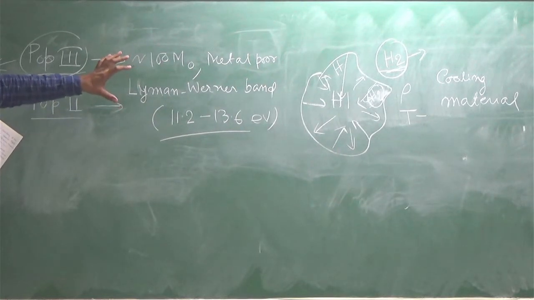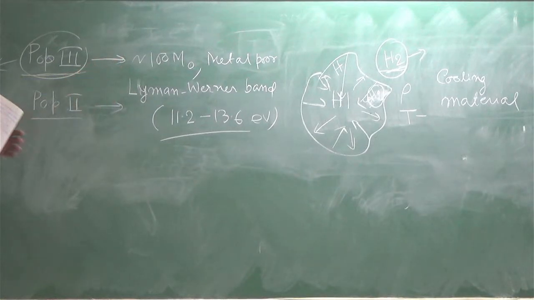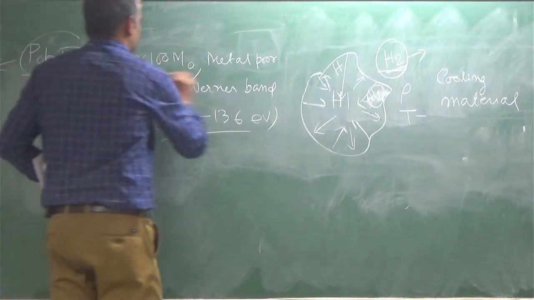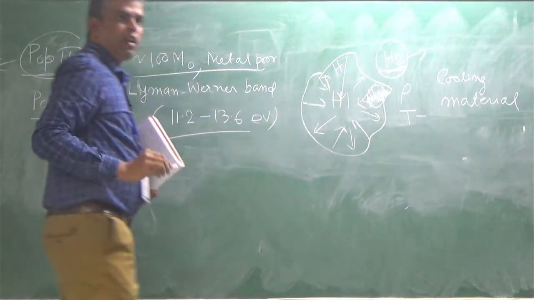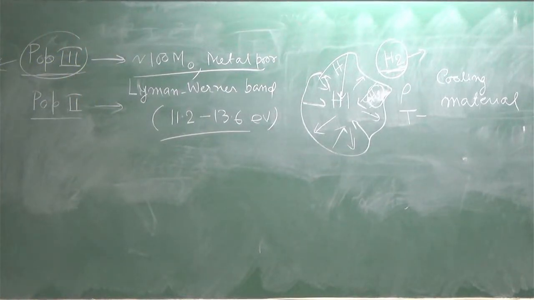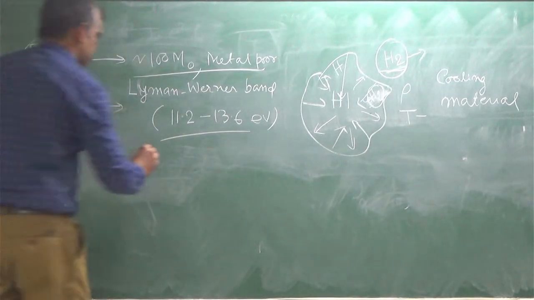They are the ones which are actually driving the reionization process, the cosmic dawn process. There is a difference. The cooling channel for population 3 is H2. For population 2 type stars, the cooling channel is atomic cooling.